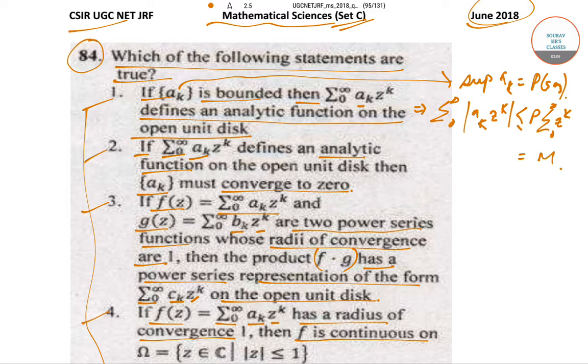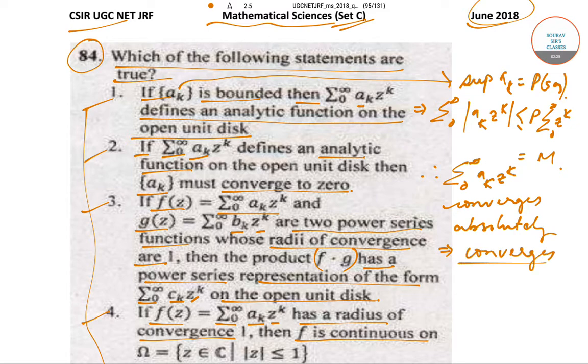Therefore we can definitely say that the summation from 0 to infinity of a_k z^k converges absolutely. Now if it converges absolutely, that means it converges ordinarily also, it converges on its own.